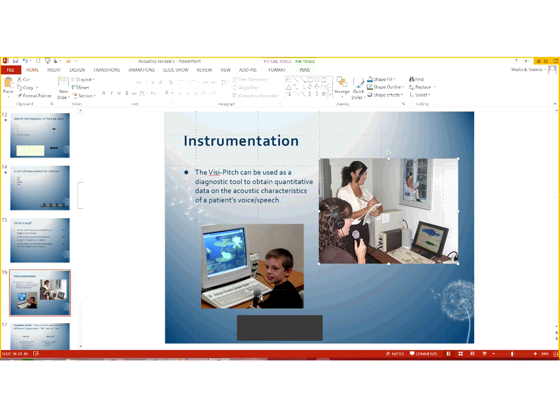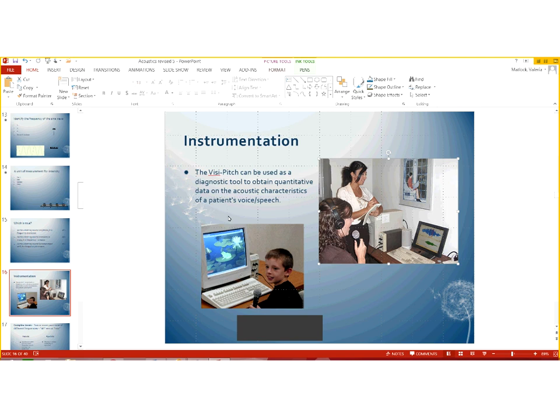The young man, we can record his utterance, and hopefully he will be able to produce the target that we want him to produce, let's say a lower frequency utterance versus a higher frequency. And the visual feedback that he could get from the software used with the VisiPitch is the frog will hop to another lily pad if he gets that correct.